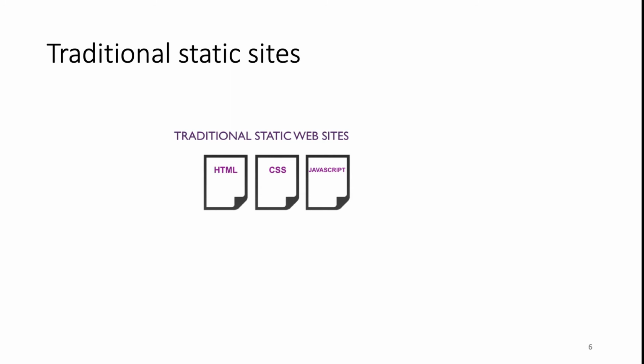Initially we only had these technologies, and that was good enough for the early and mid 90s. But as soon as the web became popular, more and more people and companies started creating their websites, and the demand for dynamism was also growing.